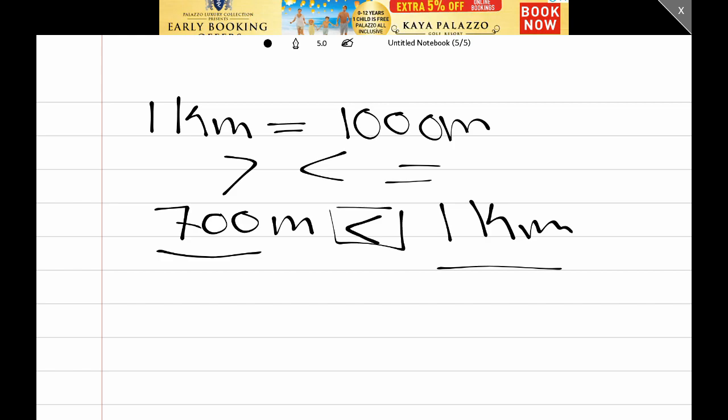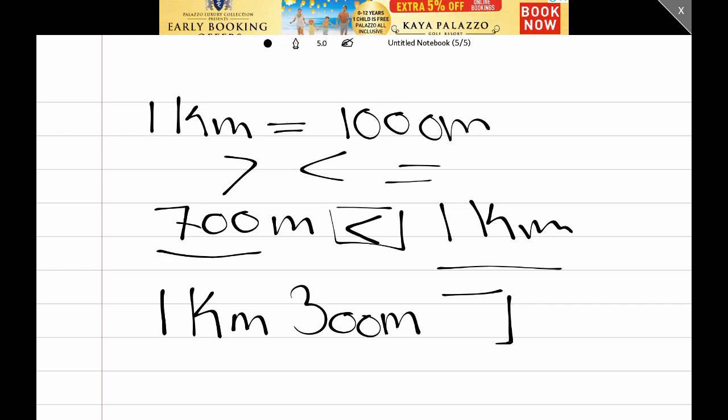Now, if I asked you to compare 1 kilometer 300 meters and 2 kilometers, which is bigger? 1 kilometer and 300 meters or 2 kilometers?